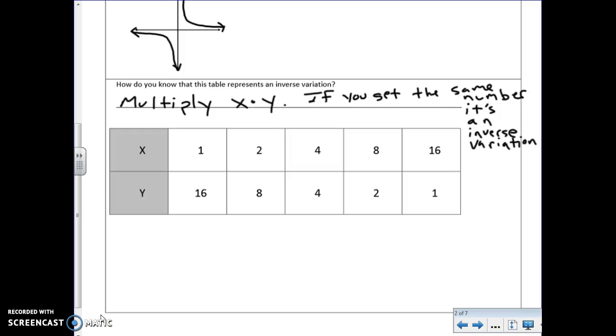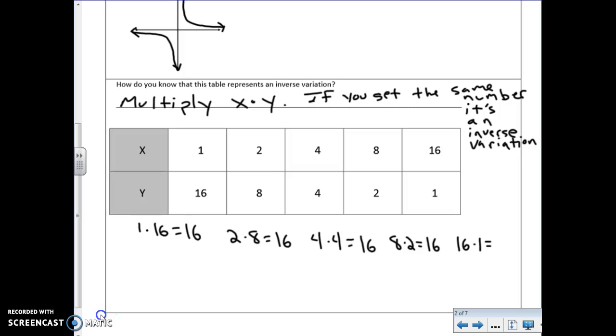So we'll do x times y. We'll do 1 times 16, which equals 16. 2 times 8 equals 16. How about 4 times 4? Yep, that's 16. 8 times 2, 16. 16 times 1, 74. No, I'm just kidding.